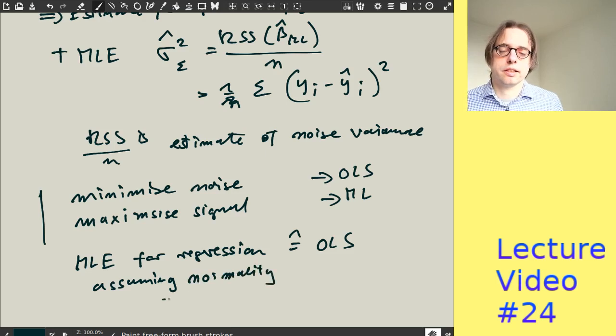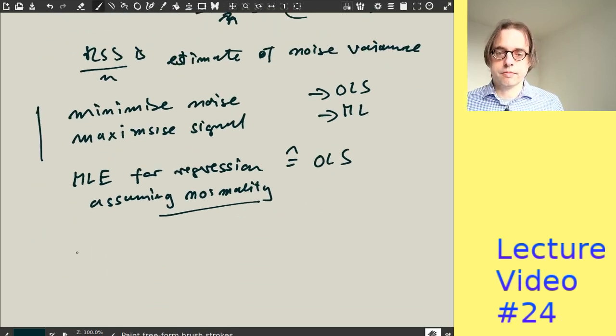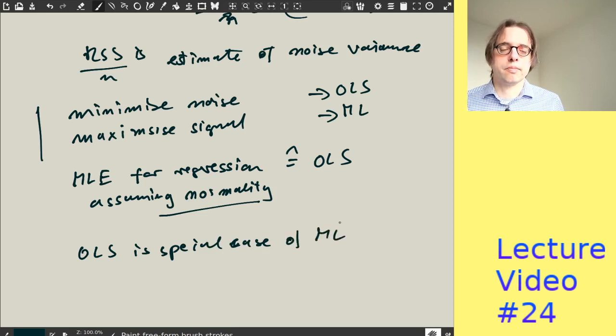So if we have a normal distribution and we do maximum likelihood, we end up doing ordinary least squares. So in this case, OLS is a special case of ML.